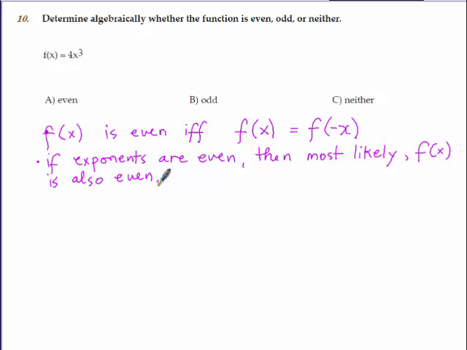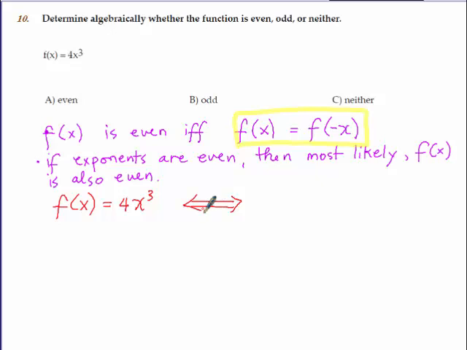So could we just throw away the hypothesis that if exponents are even, then most likely f of x is also even? We could actually use this test to further confirm our hypothesis. What is our f of x? It's 4x cubed.